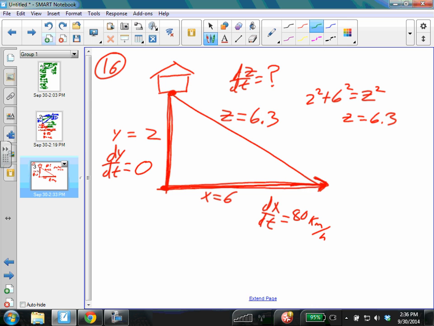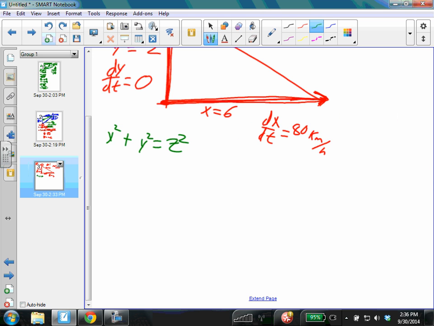And so now we're going to use the Pythagorean theorem to relate these three side lengths together. So I should actually do it this way: x squared plus y squared equals z squared. It's the last three letters of the alphabet instead of the first three. All right, so take the derivative: 2x times the change in x plus 2y times the change in y is equal to 2z times the change in z.